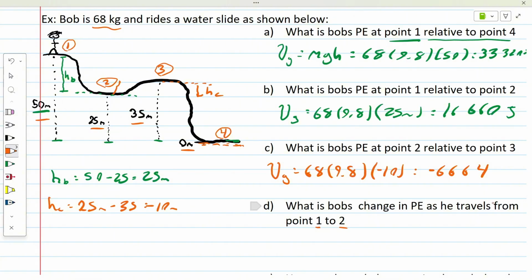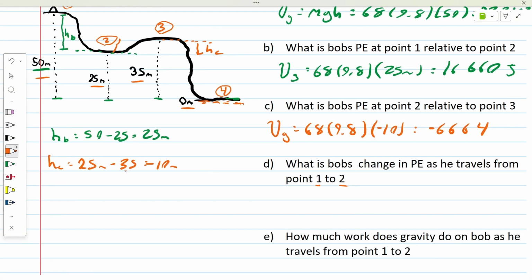So if we want to find the change in potential energy from point 1 to point 2, the change in gravitational energy, we can simply find the gravitational potential energy at the final point, point 2, minus the gravitational potential energy at the initial point. And so this will equal the mass times gravity times the height initial minus the height final.